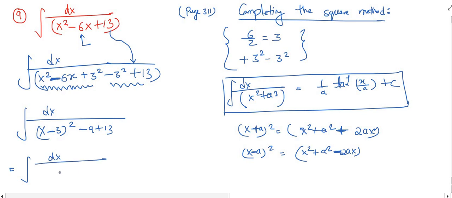So what it will become? Dx by x minus 3 square. What is 13 minus 9? It is nothing but 4. Correct? Okay. Now what can we do after this? Let me show you.